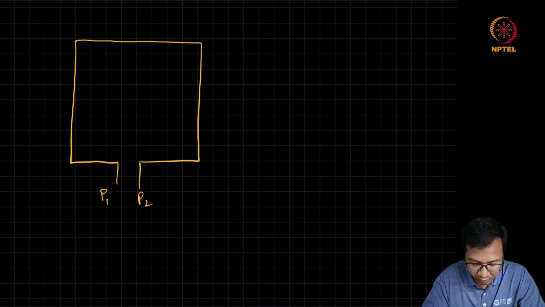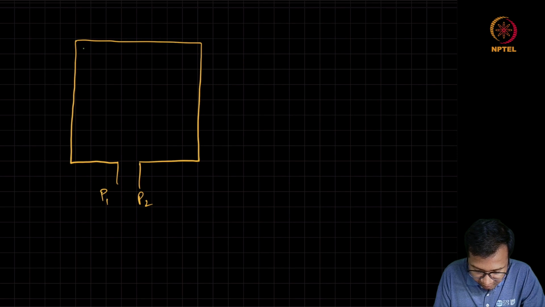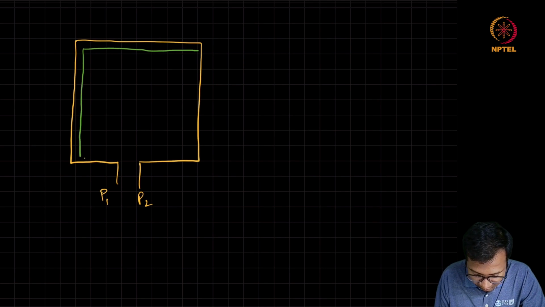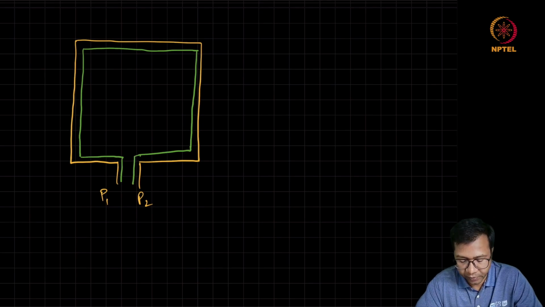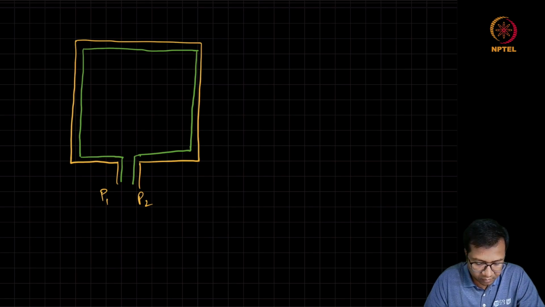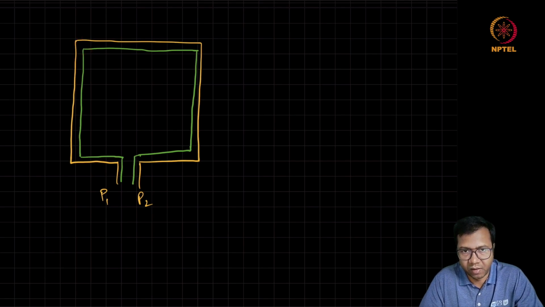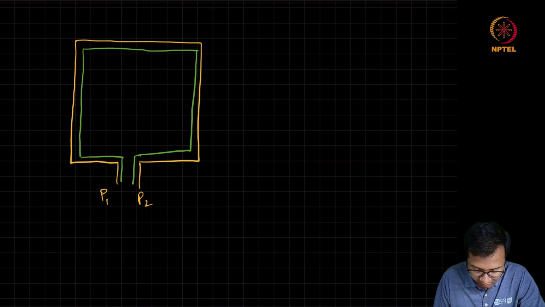The best way to do it is placing another loop in the same plane next to the first inductor. It is also possible to place this loop on a different metal layer. Here we are showing a case where all the turns, so all the inductors with their metallization, are placed on the same layer.